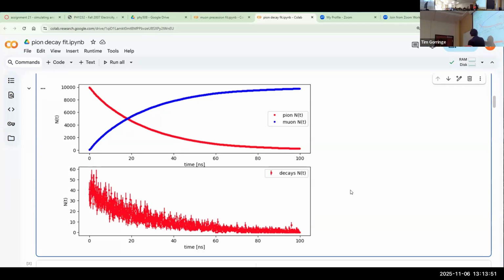So even in the first few time bins, the number of decays are tens and 20s and 30s and 40s, that sort of scale. And as time elapses and we have fewer and fewer surviving pions, we have smaller and smaller numbers of decays. Towards the right-hand side of this graph, after 100 nanoseconds, we've got very small numbers of decays, just a few decays in each time bit.